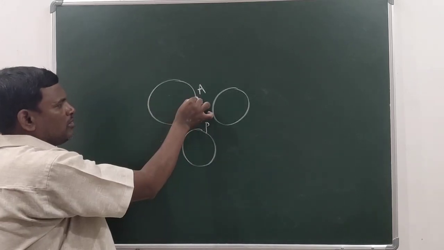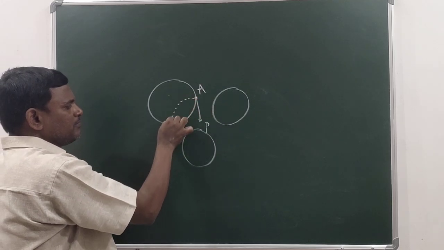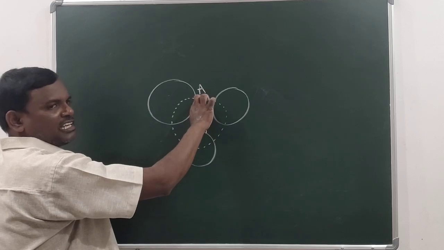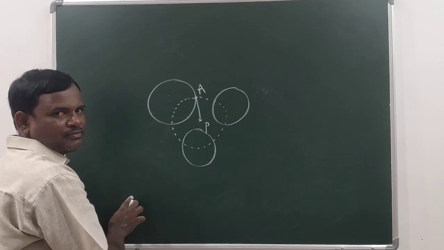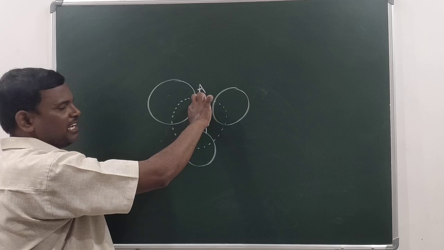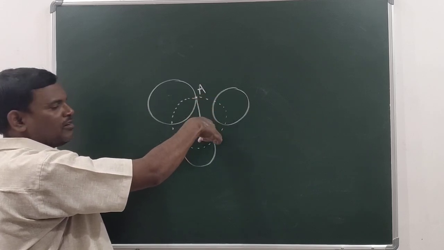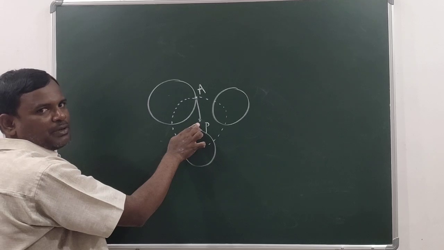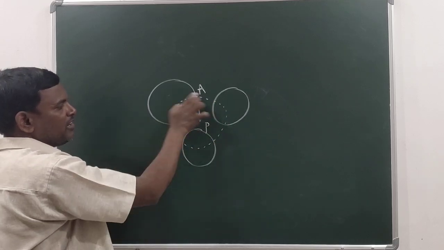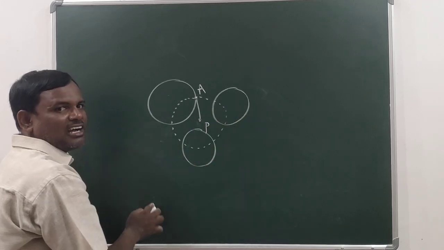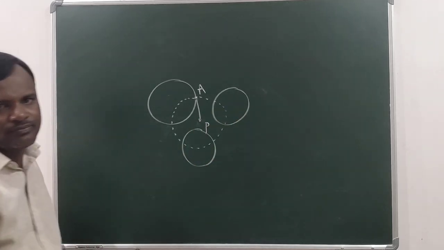Now I am drawing a circle with PA as radius and P as center. Take this PA as radius and draw a circle with center P. We got one dotted circle now. So that intersects these three given circles orthogonally.